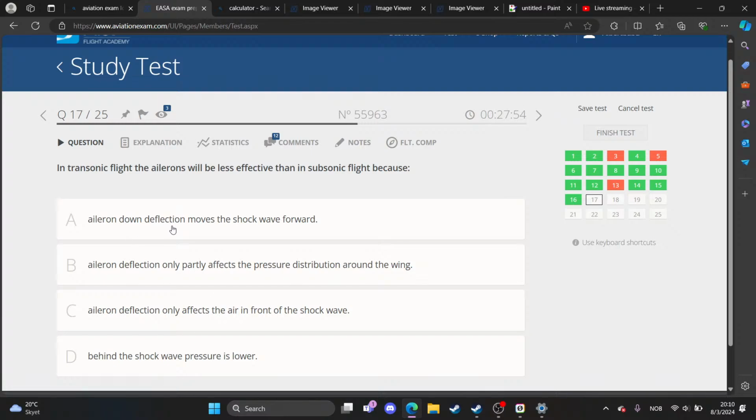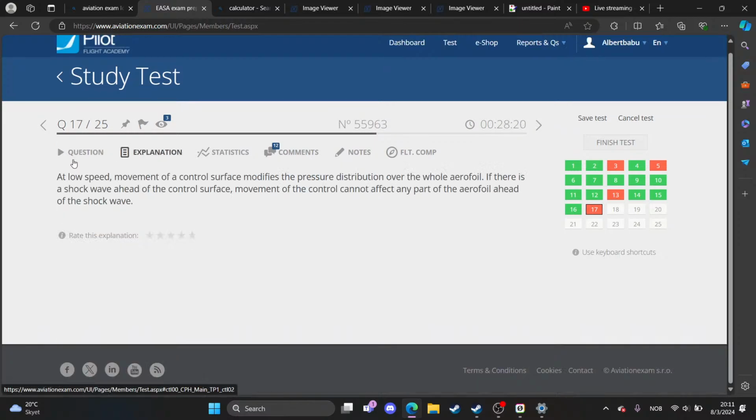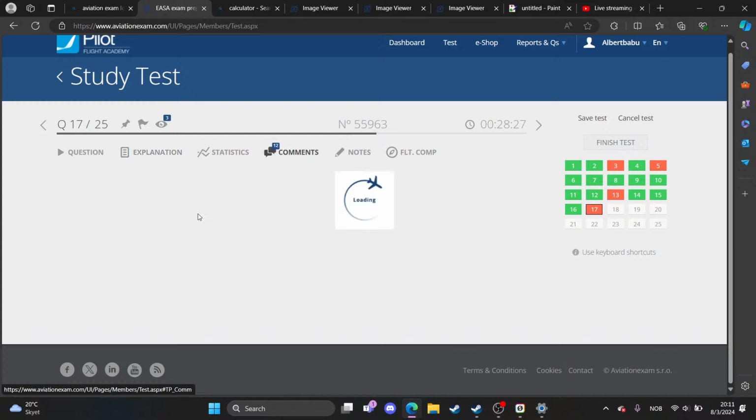Aileron down deflection moves the shockwave forward. Isn't it aileron deflection up moves the shockwave forward? Don't remember. Let's try this one. Oh, it's this one. At low speed, movement of the control, blah blah blah. If there's a shockwave ahead of the control, then movement of the control cannot affect it.